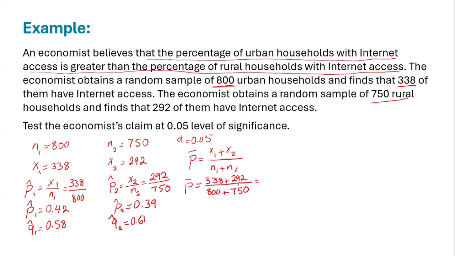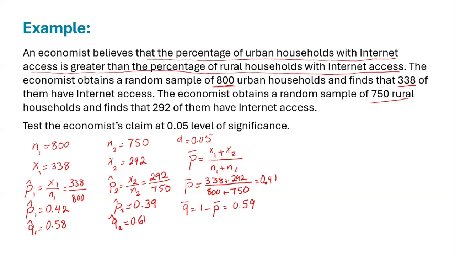And the answer is 0.41. I am rounding all the decimals to 2 decimal digits. And Q bar, which is 1 minus P bar, and 1 minus 0.41 is 0.59.